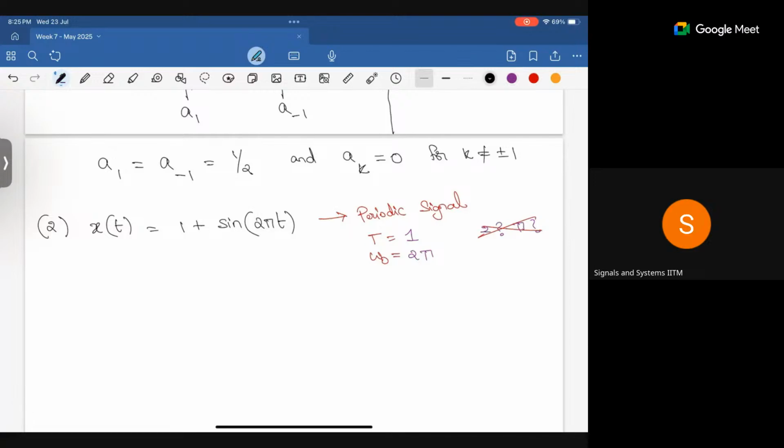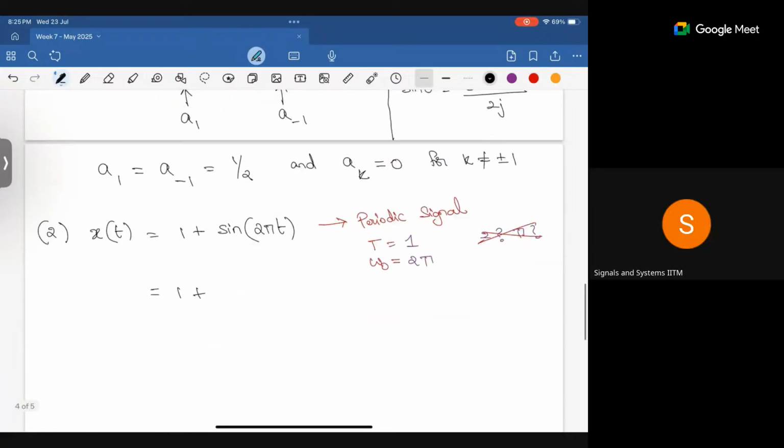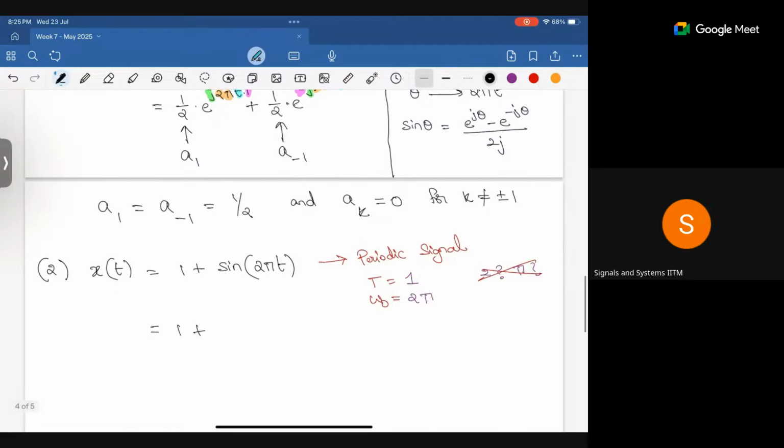So now, this will be 1 plus, how can I express sine 2 pi t? Again, cos theta can be expressed like this. Sine theta can be expressed as e power j theta minus e power minus j theta divided by 2j. Correct. So instead of theta, we'll use 2 pi t.